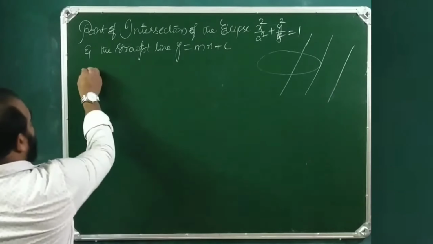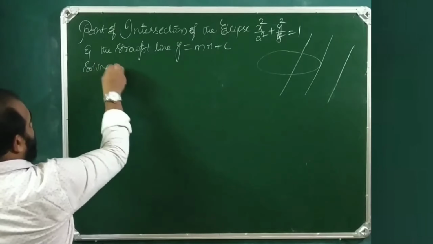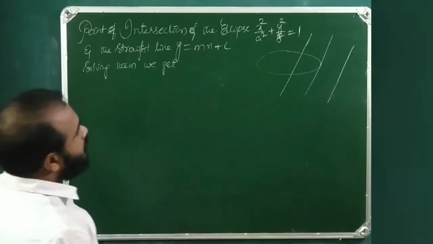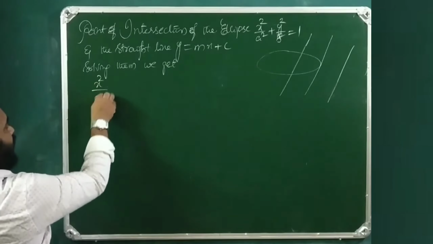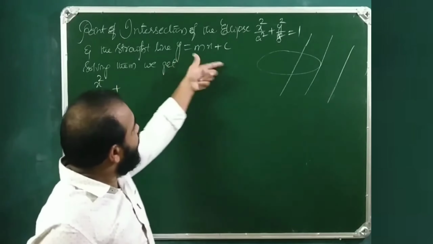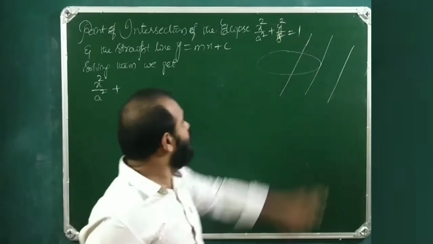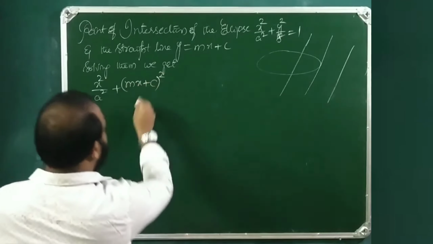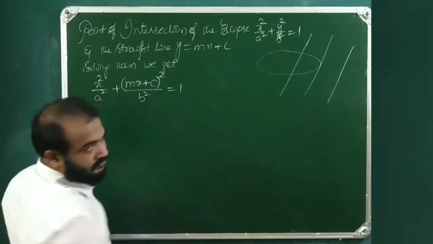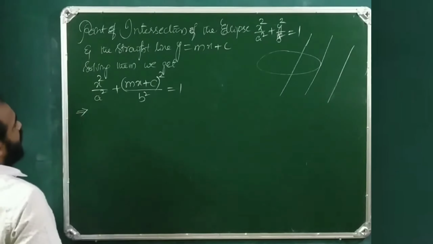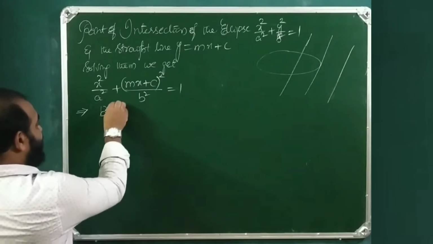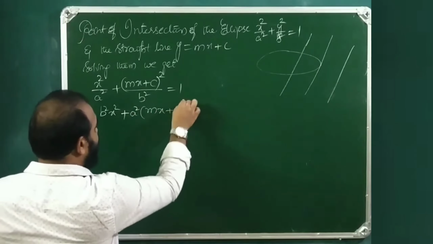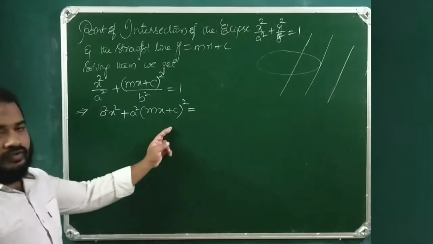Solving them, we get x square by a square plus, with y equal to mx plus c substituted here, (mx plus c) whole square by b square equals 1. The LCM gives b square x square plus a square into (mx plus c) whole square by a square b square equals 1.